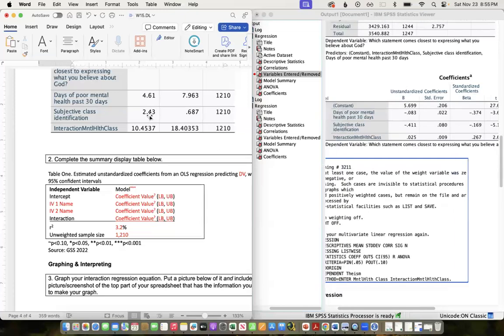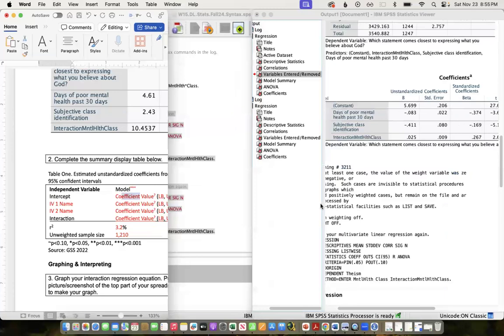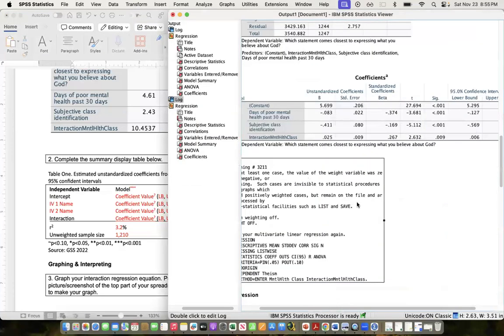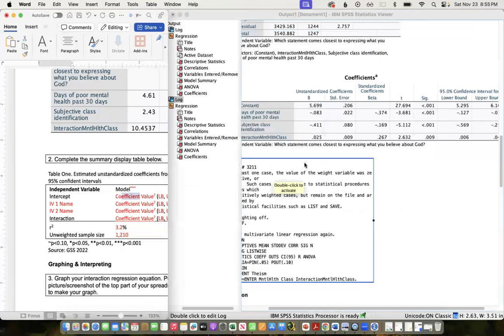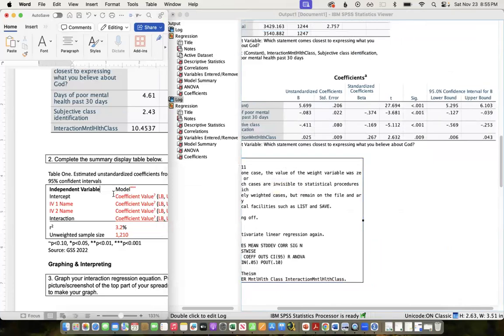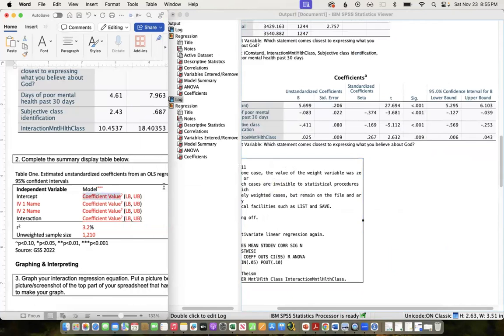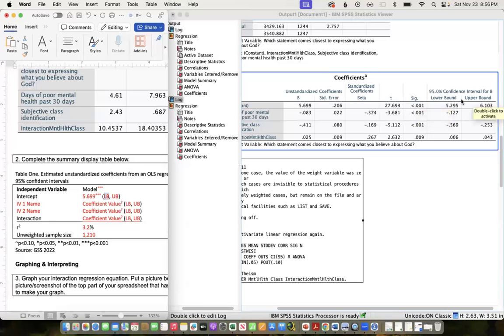And then here are our coefficients. Our intercept, that constant one, is 5.699. The p-value is less than 0.001. And here is its confidence interval.